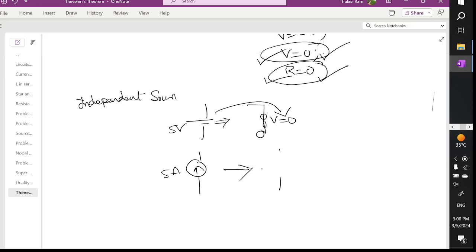So this current source you have to make 0. That is possible by performing an open circuit. That's how to deactivate a current source. This is called the first case.